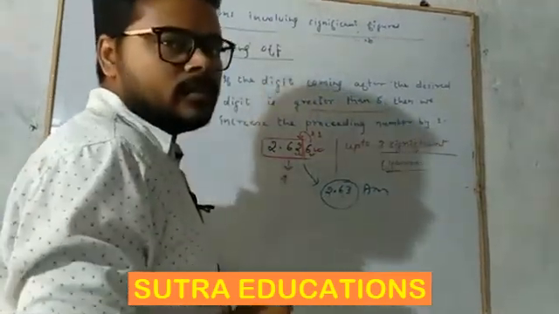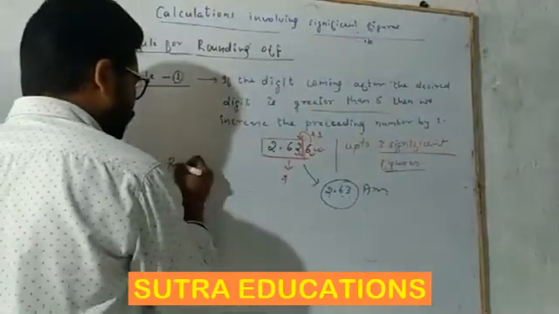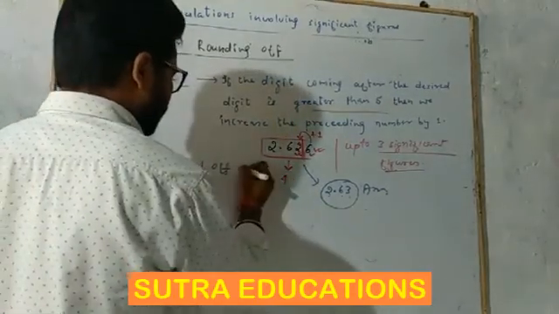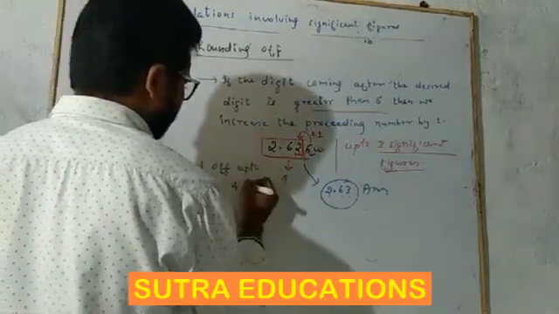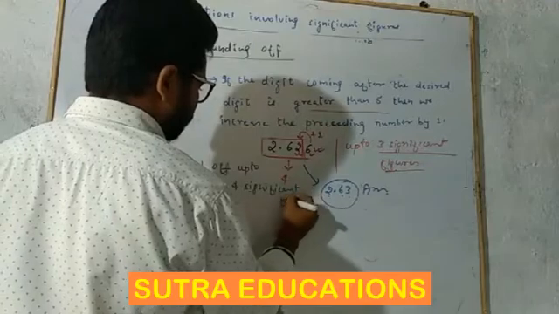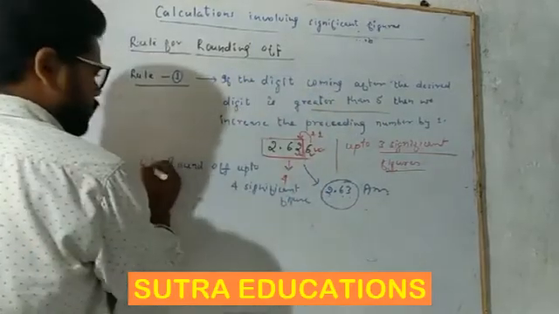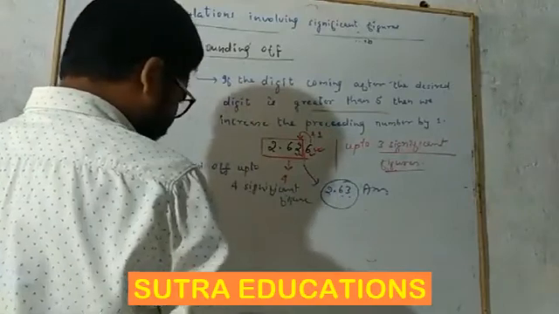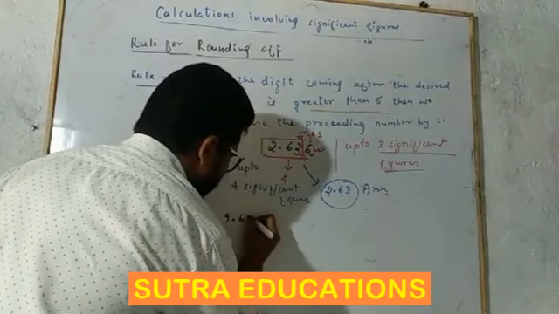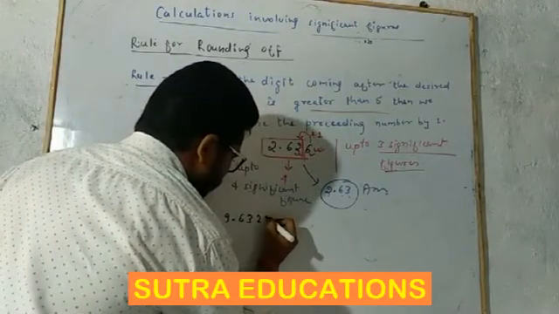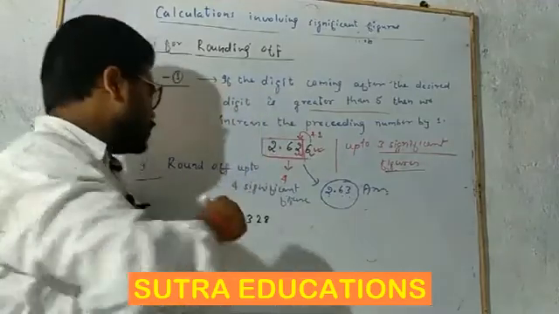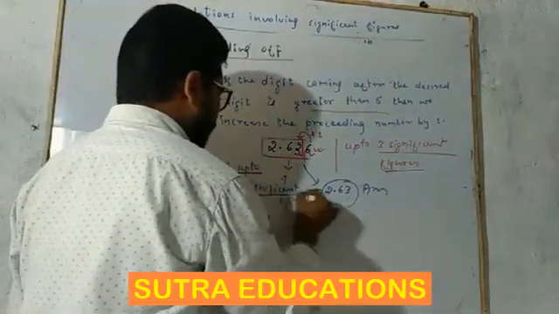Take one more example. Round off up to 4 significant figures. The number is 9.632, say it is 8, so 9.6328. The question is to round off up to 4 significant figures only.